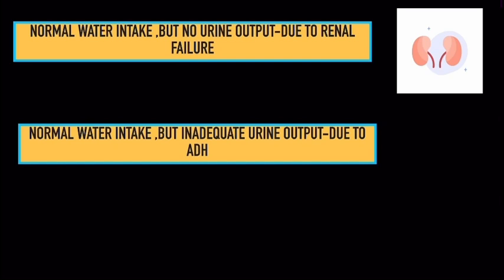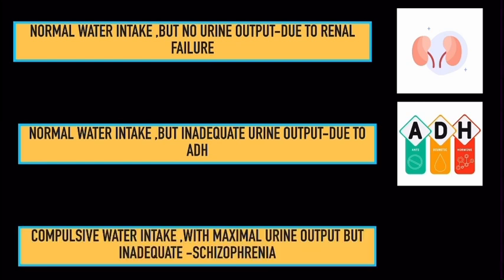So there is inadequate urine output even with this normal water intake. So the third scenario is compulsive water intake, especially in patients with schizophrenia, and there is maximum urine output but still it is inadequate for that water intake. So these are the three scenarios where free water is retained in our body.